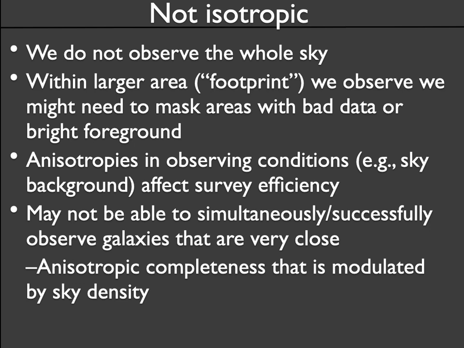Similarly, the conditions under which we observed our data are not going to be perfectly uniform. We're not going to have the same signal and noise everywhere on the sky, and that's going to affect our survey efficiency, and affect the number density of galaxies that we expect in different areas.